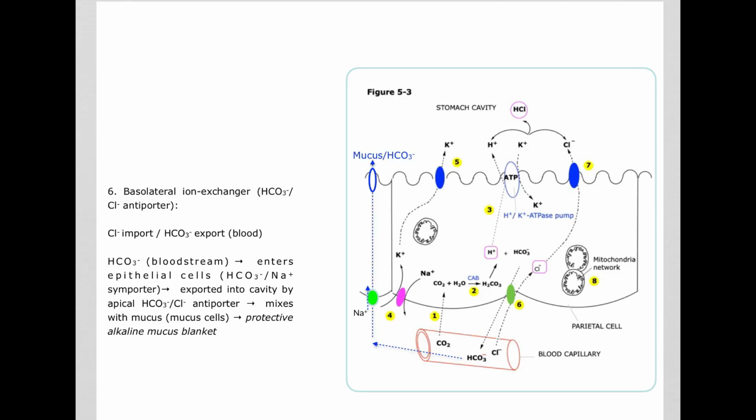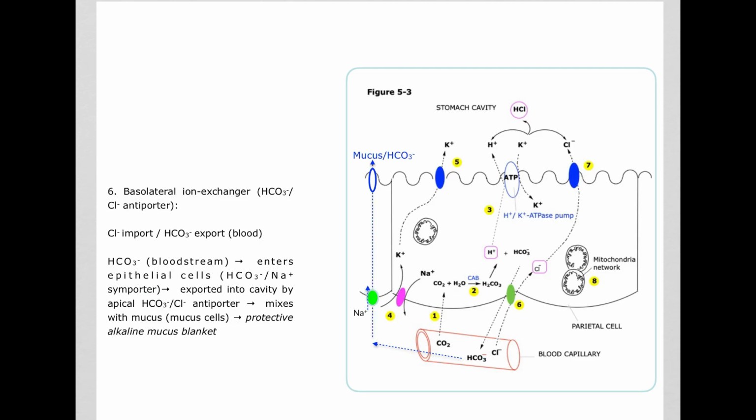The epithelial cells will now use a transport protein called bicarbonate sodium symporter. So basically it will bring in bicarbonate as well as sodium into the cytoplasm of the epithelial cell.